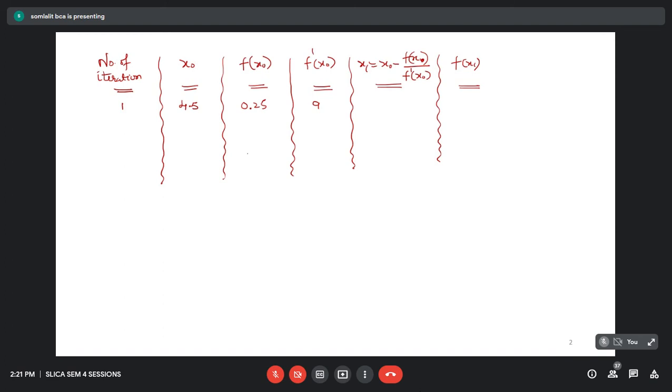Shloka, speak loudly, please. 4.47, then 2222. Is it something like this? Yes. Are you getting this?